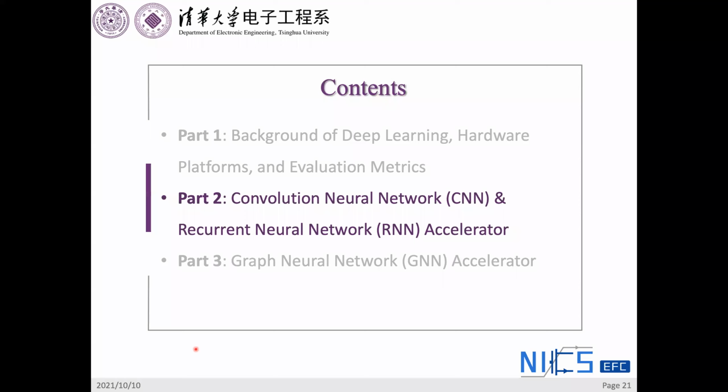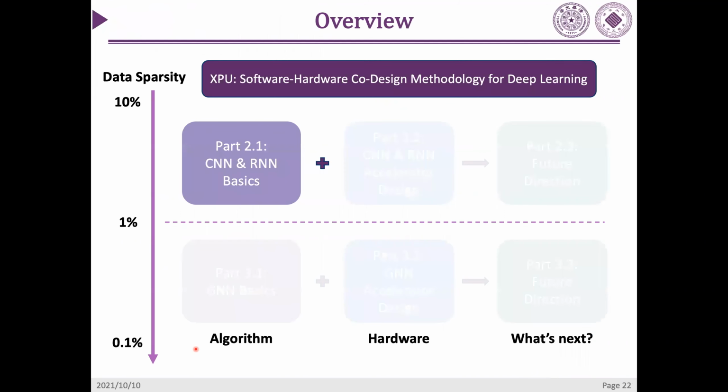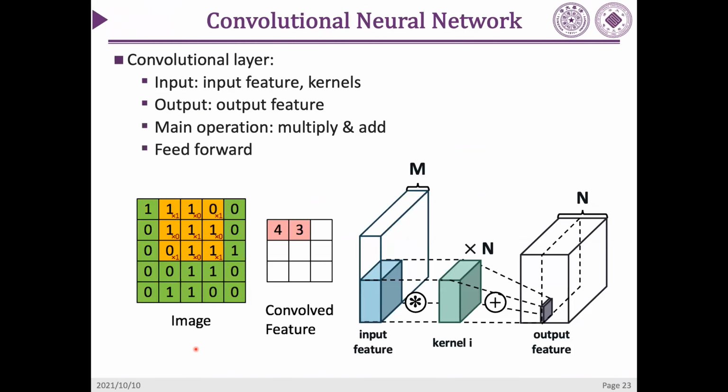For part 2, I will introduce the convolutional neural network and the recurrent neural network accelerator design. First we will talk about the basics. For the convolutional neural network, convolution is the process of convolving input features and convolution kernels to obtain the output features.